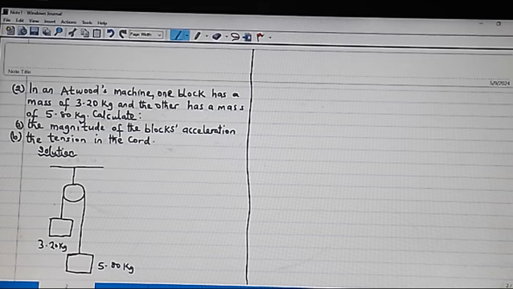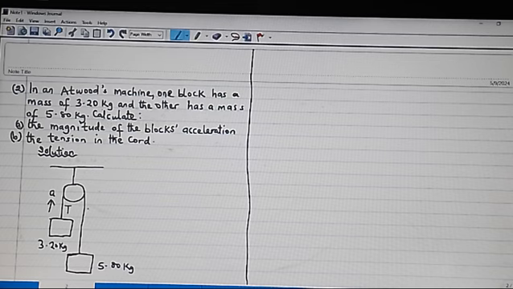The tension is along the string and the acceleration of this block is directed upwards. Why is it upwards? Because this block is greater than this block, so this one has the strength to pull up this block.